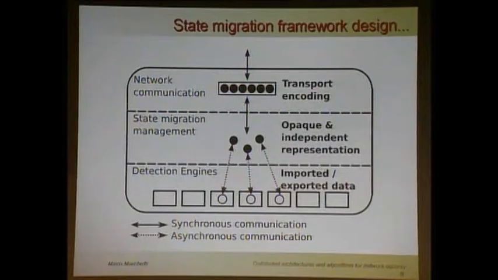On top of those, we built a new layer that is responsible for state migration management. In particular, this layer is able to access the internal data structures of each detection engine to retrieve the state information and to transform it into an opaque and independent representation that can be transmitted over the network. The network transmission is handled by the network communication layer that is on top of that.